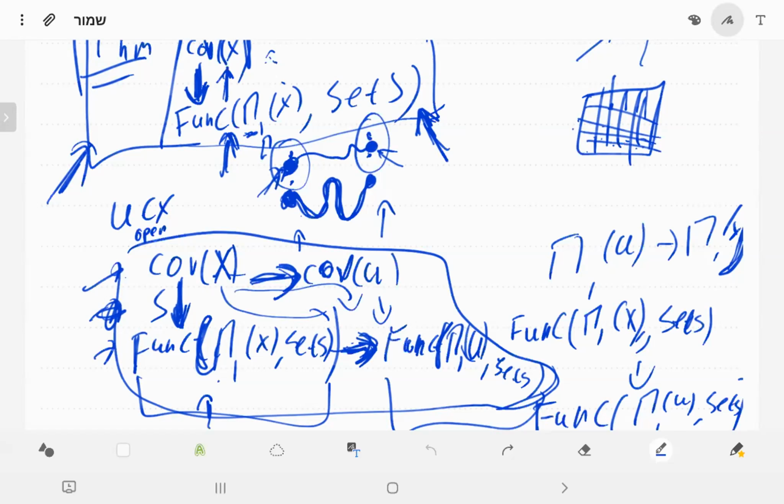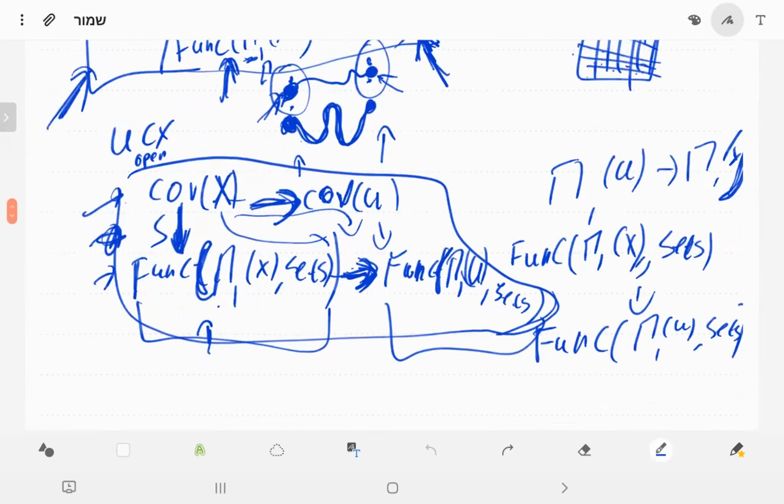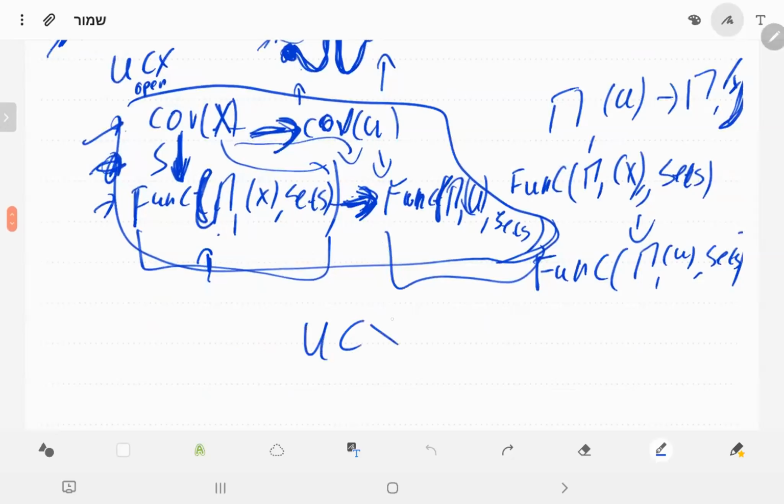And it's easy to see what condition it should satisfy because if we have u inside x and inside u we have some v, then we see that we can go from x to u by restriction and then to v, or we can go directly, and basically we can get 2 diagrams of isomorphisms between functors.